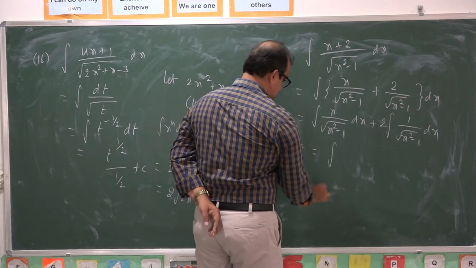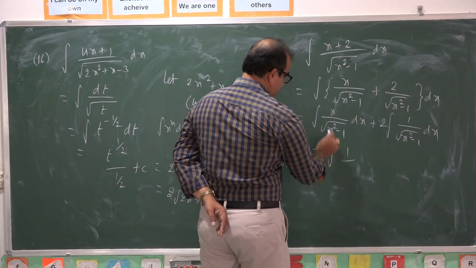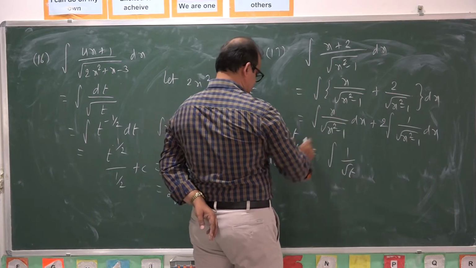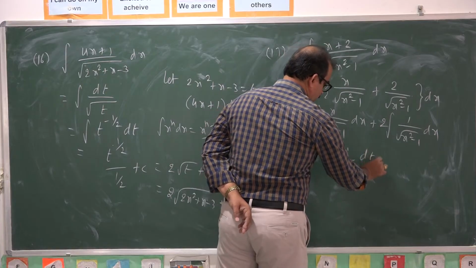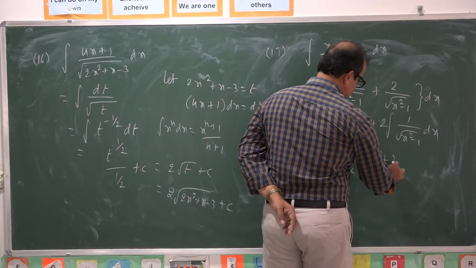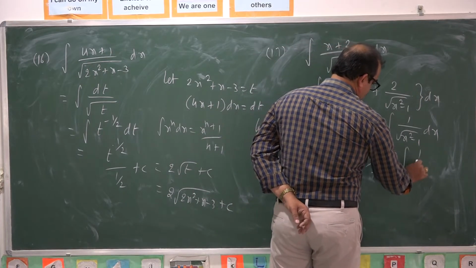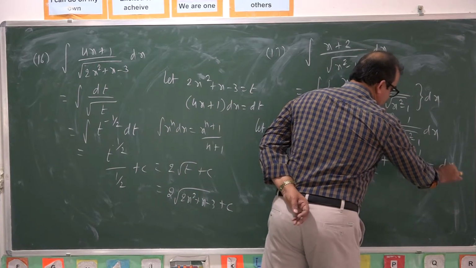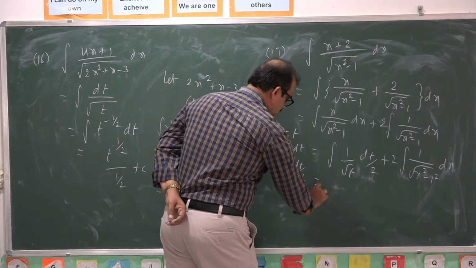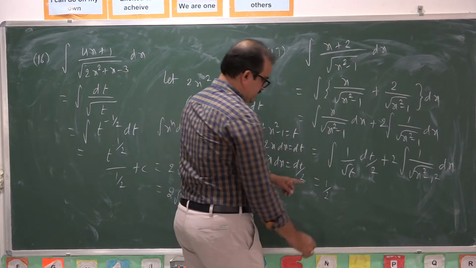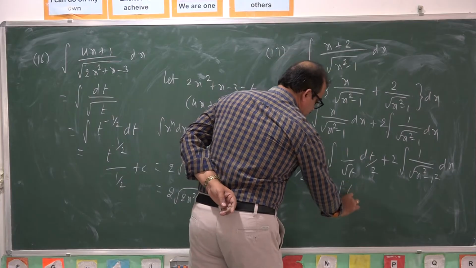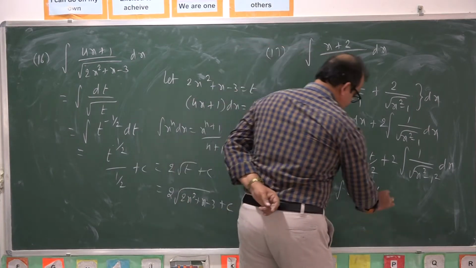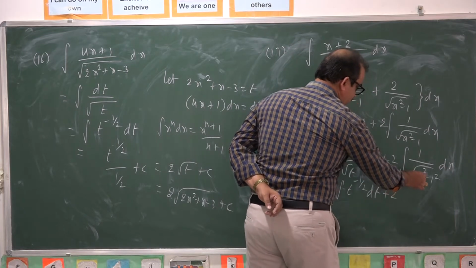So it becomes integral of 1 by root t, x dx is dt by 2, plus 2 into integral 1 by root of (x square minus 1), taken as 1 square, into dx. That is 1 by 2 into integral of root t, written as t to the power of minus 1 by 2 into dt, plus there is a direct formula to this.